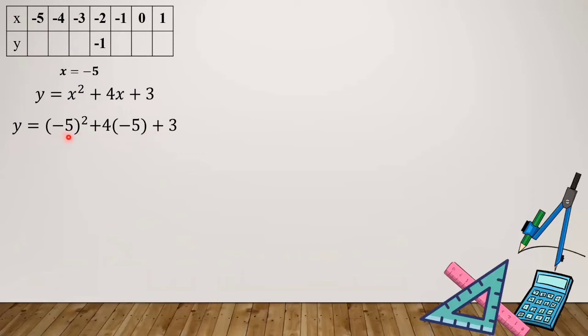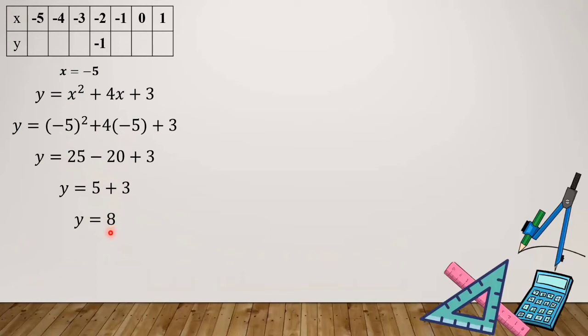Negative 5 squared is equal to positive 25. 4 times negative 5 is equal to negative 20. Then 25 minus 20 is equal to positive 5. Then copy the positive 3. So 5 plus 3 is equal to positive 8.